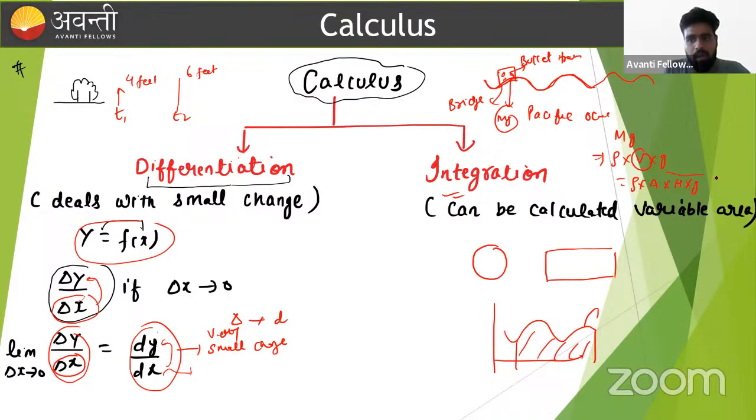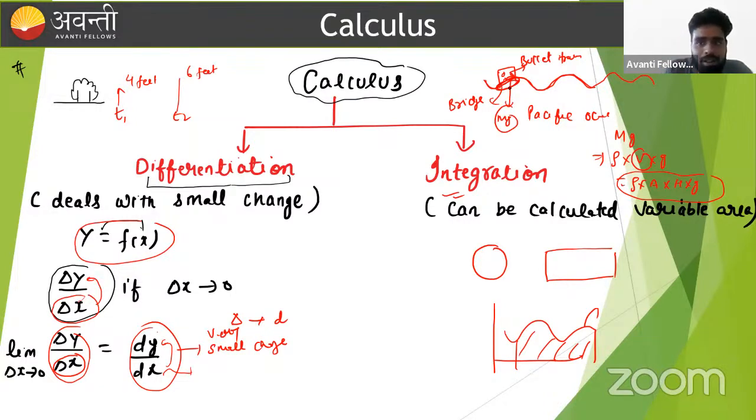Oh my God. If we don't know the area of this shape, how can we tell about the strength of the bridge? Because at any time it can fail. So it is a challenging task for an engineer, especially a civil engineer, to find this area.